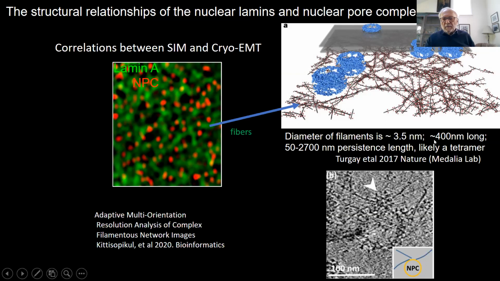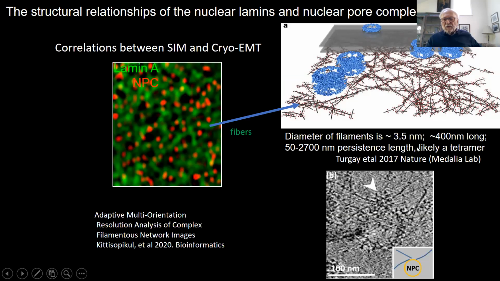Their length was about 400 nanometers, and their persistence length, which was very short, 50 to 2,700 nanometers, relative to actin, microtubules, and even vimentin in the cytoplasm.